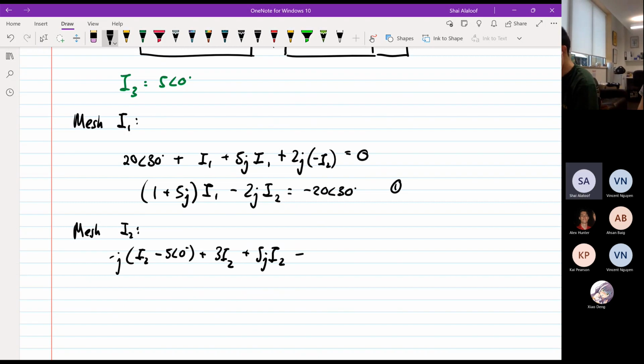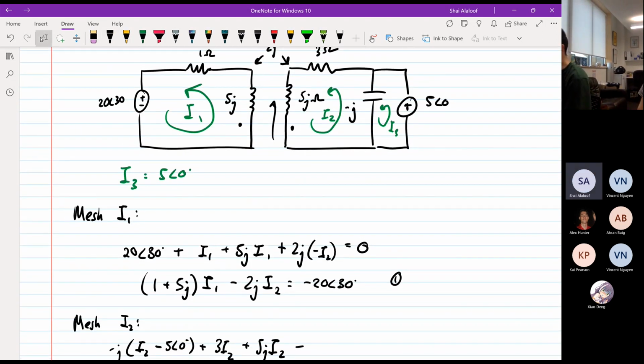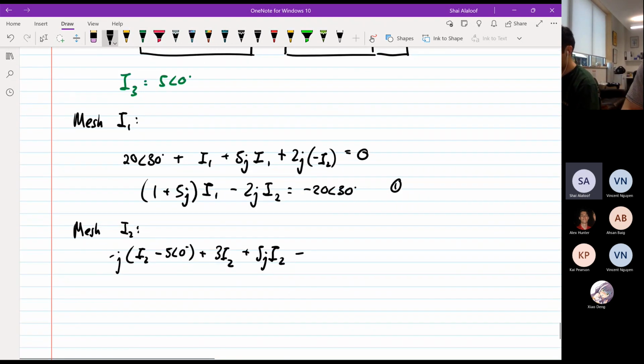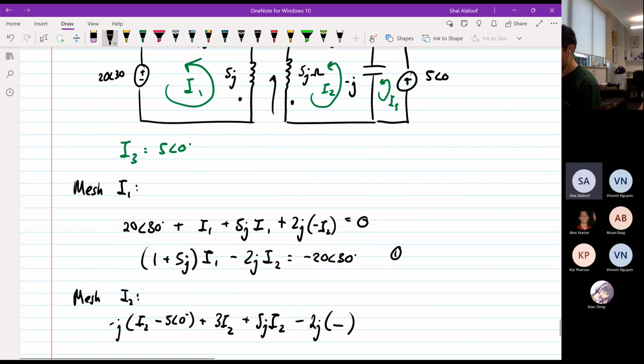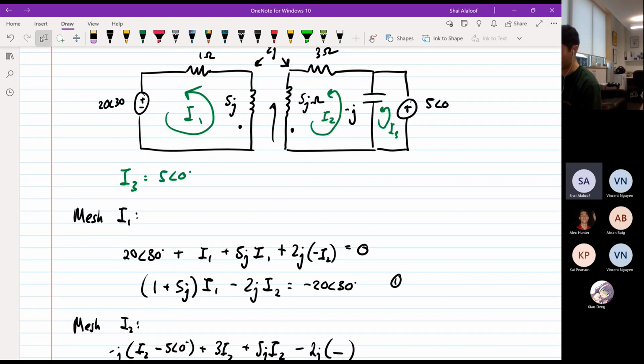And then, since the current is entering the negative or the non-dotted terminal of the inductor, I'm going to put minus 2J, which is the mutual inductance, and then whatever's in this bracket is going to be whatever current enters the dotted terminal of the other inductor, the left-hand one this time.